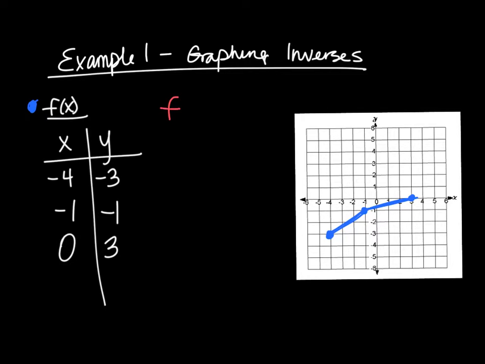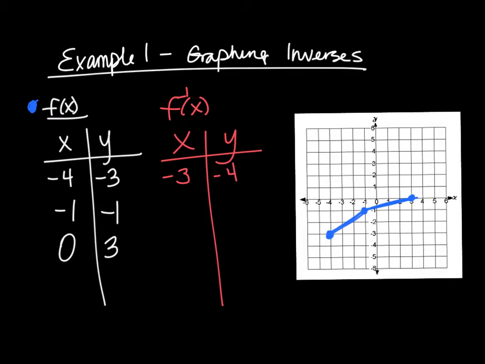Now, inverse, that's f negative 1 of x, means that I'm going to switch the x and the y values. So instead of negative 4, negative 3, my first point is going to be negative 3, negative 4. Instead of negative 1, negative 1, my next point is going to be negative 1, negative 1. So notice sometimes when you switch them, it doesn't actually change the order. And then the last point is going to be 3, 0.